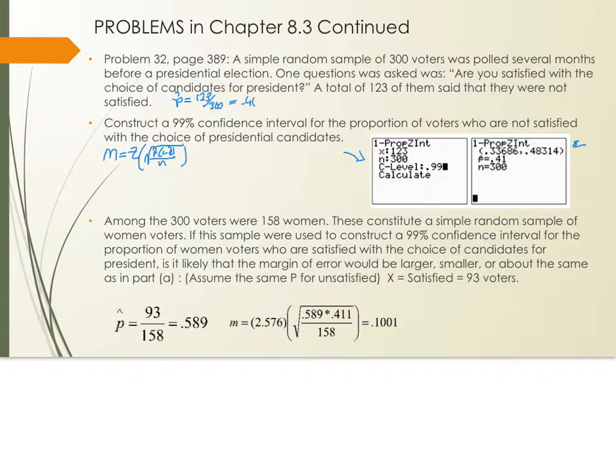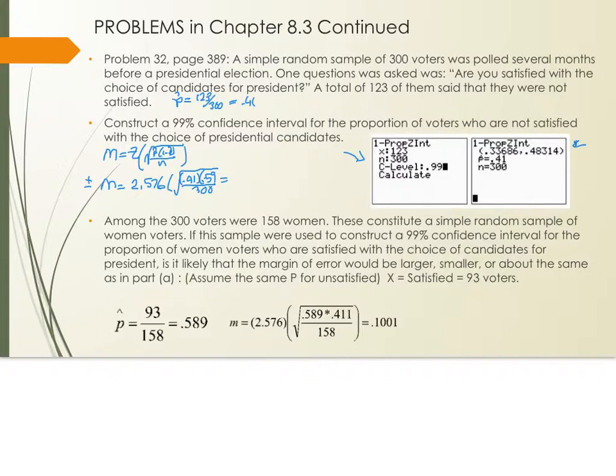And so our m, which is also a plus or minus situation, is equal to, again, 2.576 times the square root of 0.41 times 0.59 divided by 300.